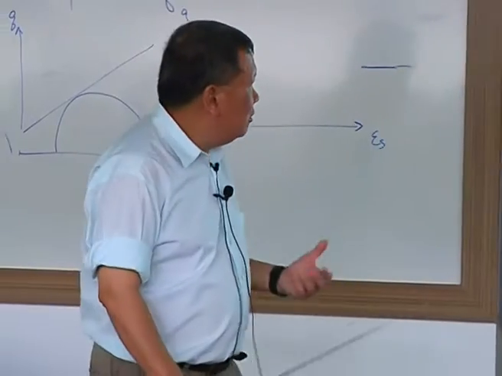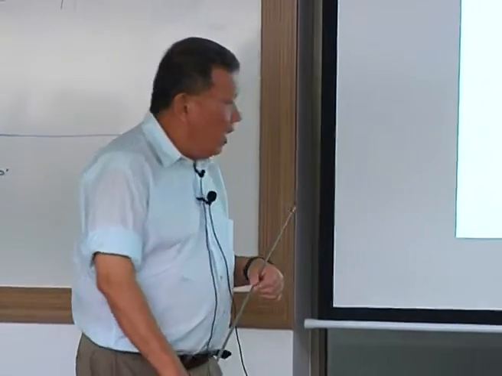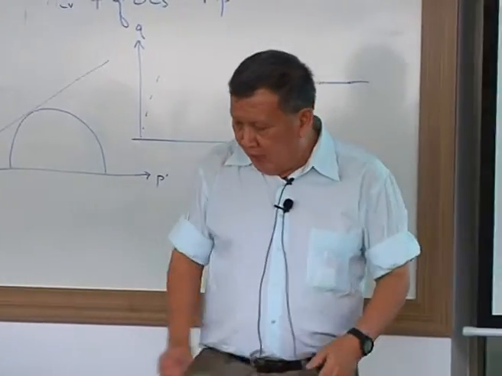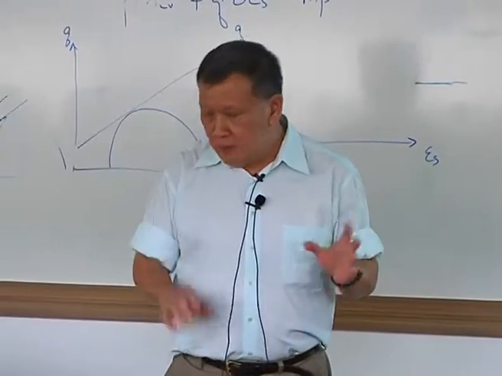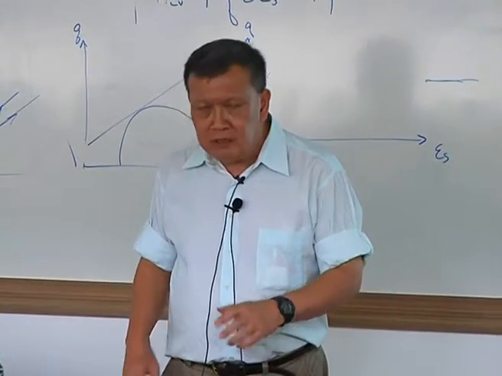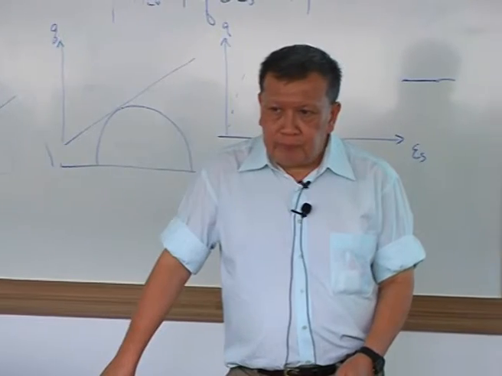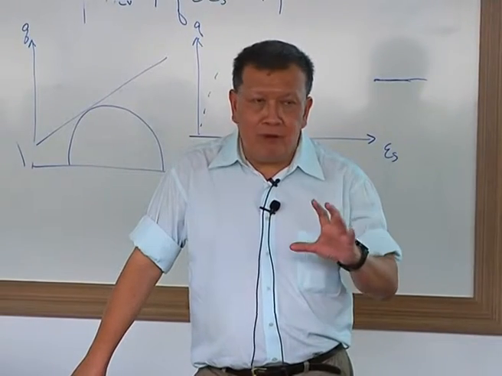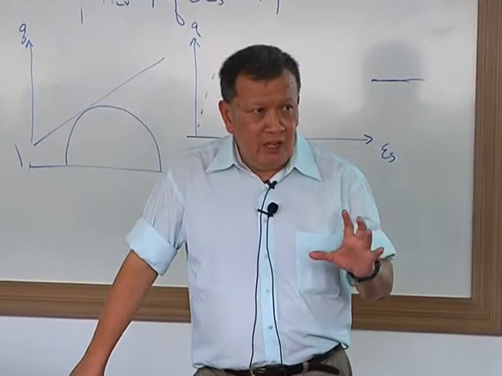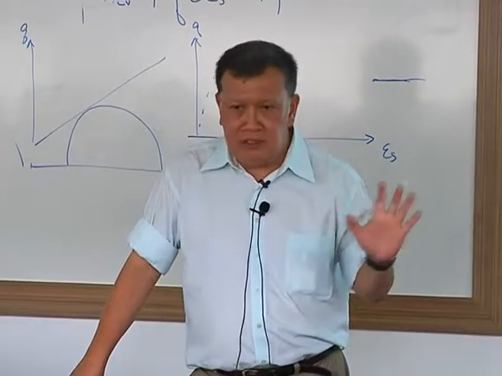So the question is, what are the things we need to watch for? There are a lot of factors that actually affect the accuracy of finite element analysis, and it's not just the constitutive model. So we should not get hung up on the constitutive model and say, if my constitutive model is no good, then everything else is messed up. No, it's not like that.